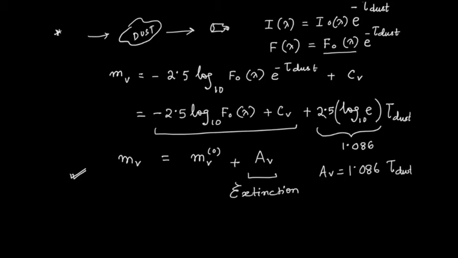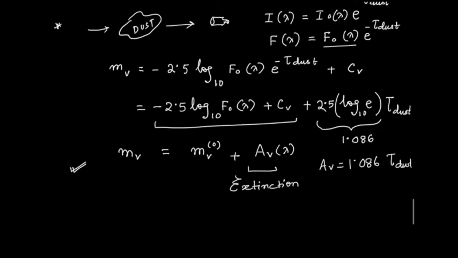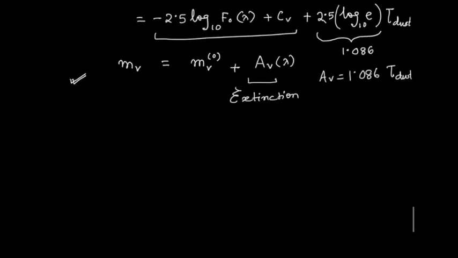Now it turns out that this extinction depends on the frequencies or the wavelengths, because tau depends on the wavelength. So that's why the suffix V is there. So when I measure the apparent magnitude in the U band, it will be like this plus AU.